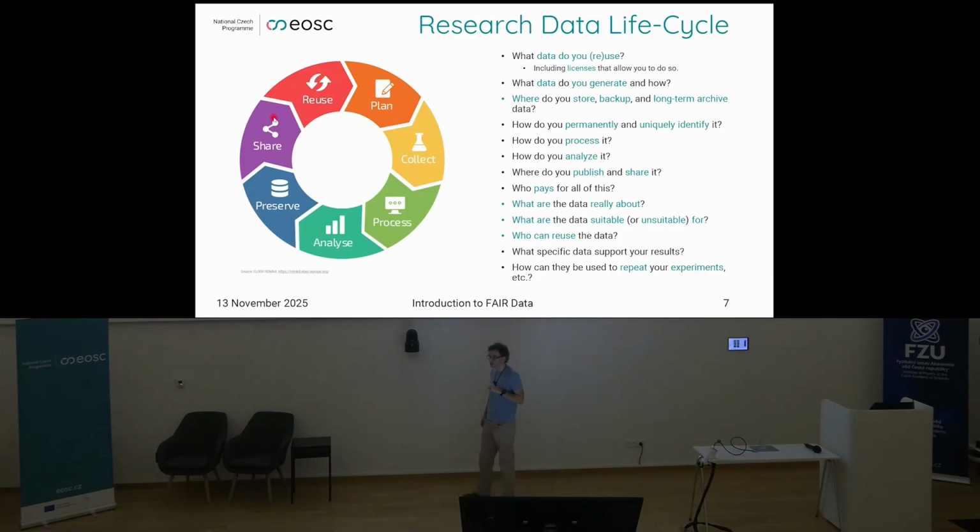And another very important reason, and maybe for me personally even the more important one, is to be able to verify the results. Who of you has heard about the reproducibility crisis? Yeah, some of you.